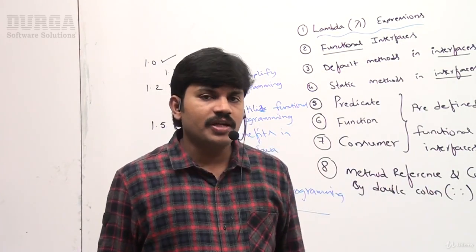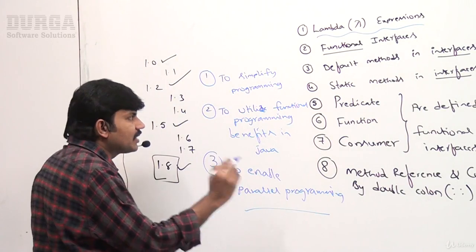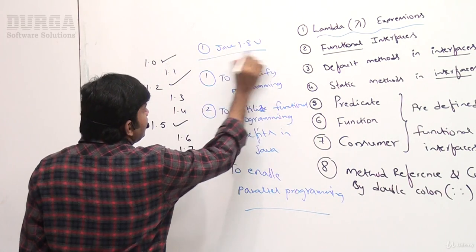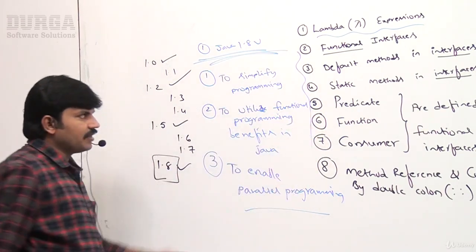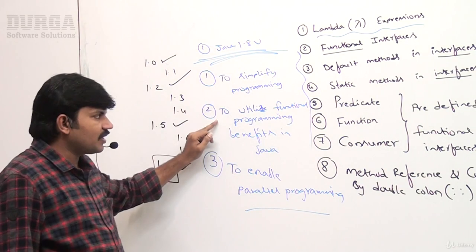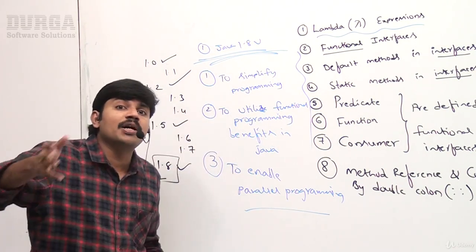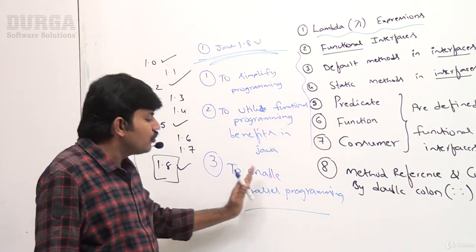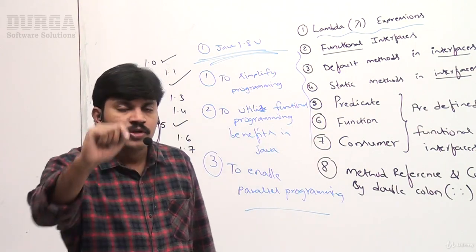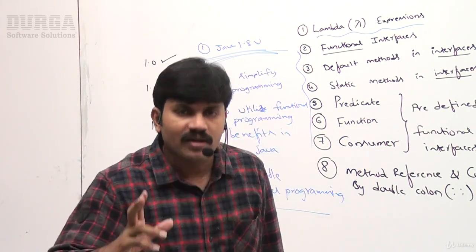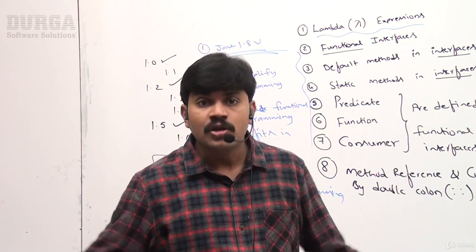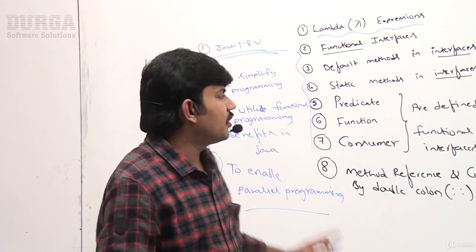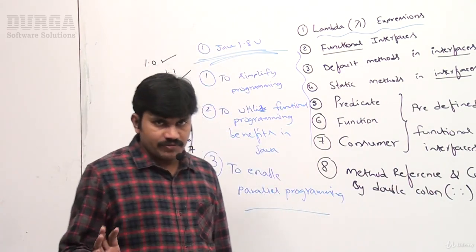Remember, the important intentions, the objectives, are: to simplify programming; next, to utilize functional programming benefits in Java by using lambda expressions and so on; next, to enable parallel processing so that my Java program can run on multi-core processors and overall performance is by default improved. These are the main priorities of the Java 1.8 version.